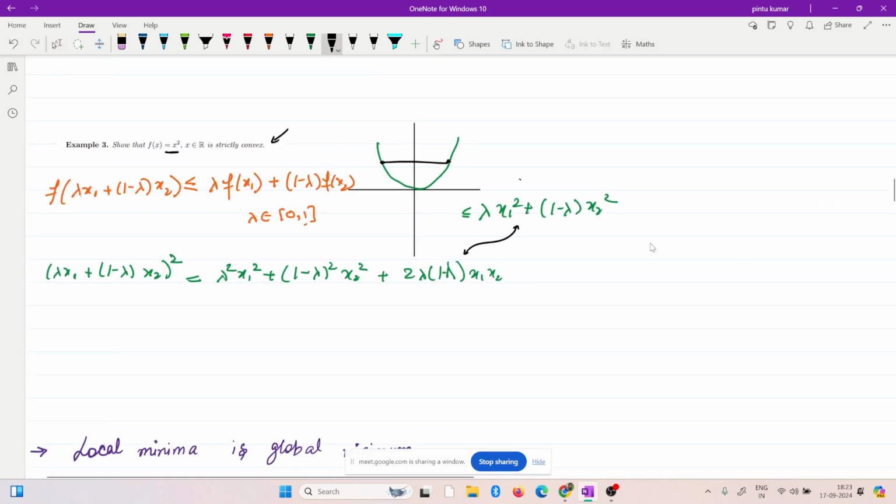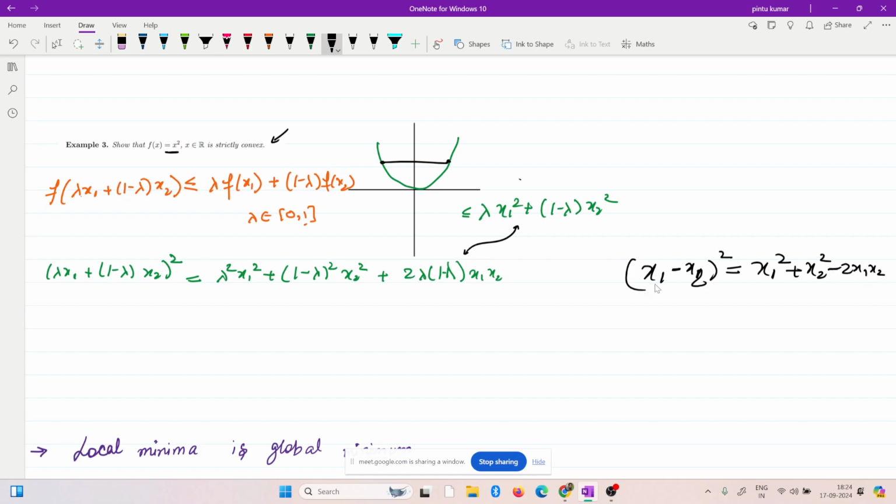The trick that we use is, what is x1 minus x2 whole square? This is given by x1 square plus x2 square minus 2x1 x2, right? And no matter what the values of x1 and x2 are, because this is a square, this term is always greater than or equal to 0.